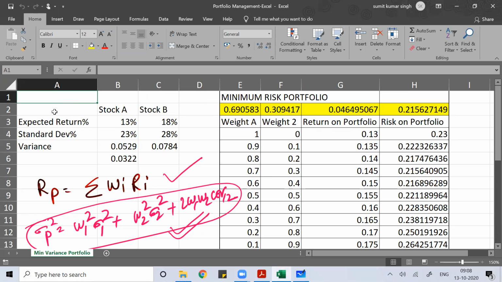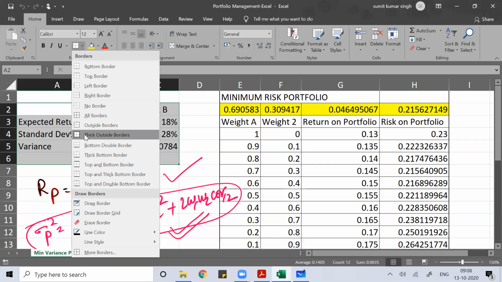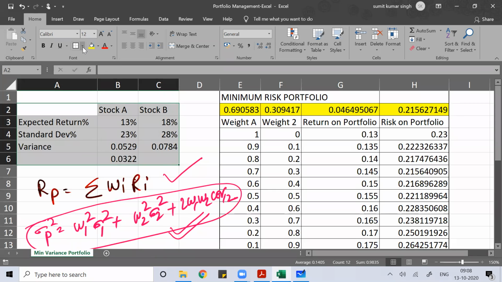Suppose I have two stocks, and I want to create a two stock portfolio.